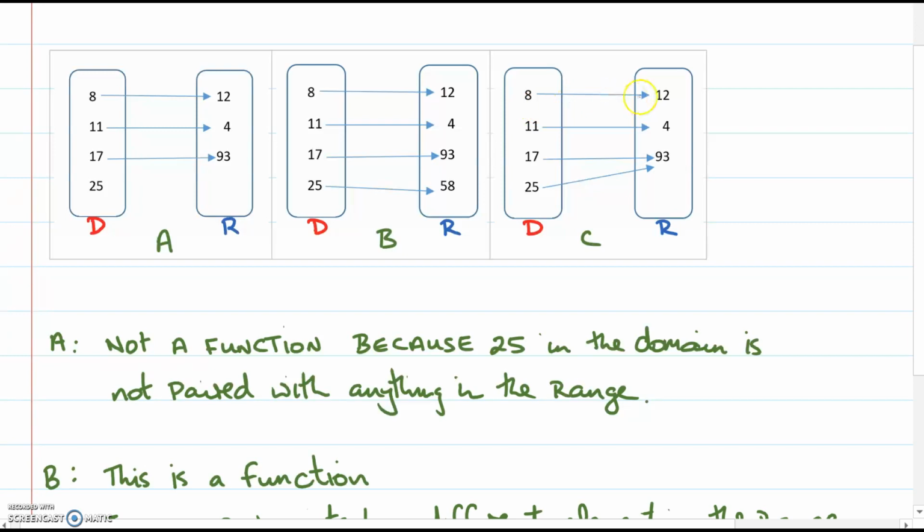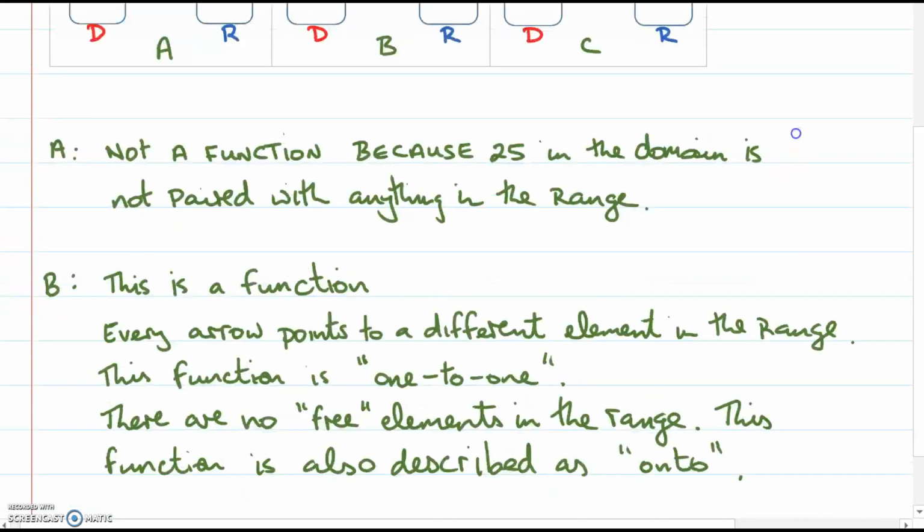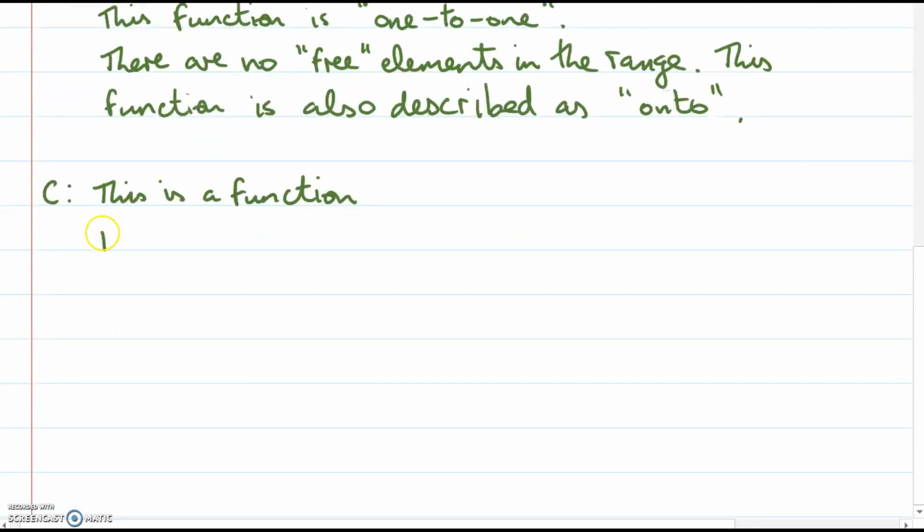Okay, is it 1 to 1? Well, the 8 goes to 12, the 11 goes to 4, that's okay. The 17 goes to 93, but the 25 is also going to 93. So this is not 1 to 1, because you have two arrows going to a single element in the range.